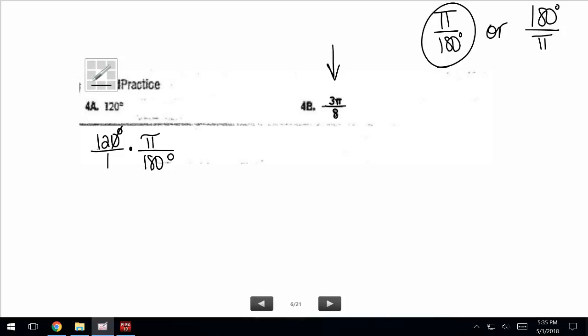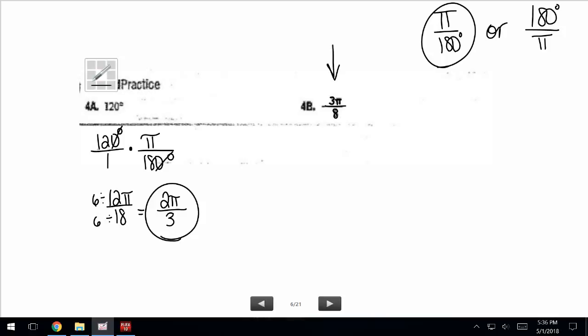The zeros will cancel out if you're dividing them. So you have 12 pi over 18. That will still reduce by 6. 12 divided by 6 is 2 pi. 18 divided by 6 is 3. So in other words, 120 degrees and 2 pi over 3 are the exact same thing.